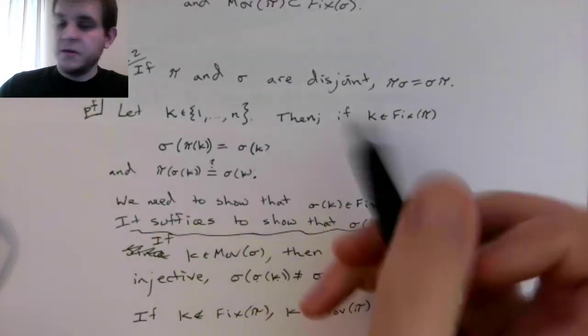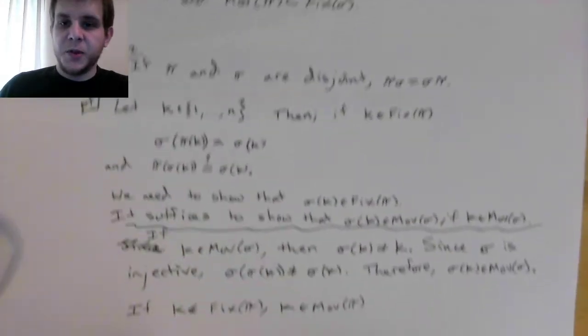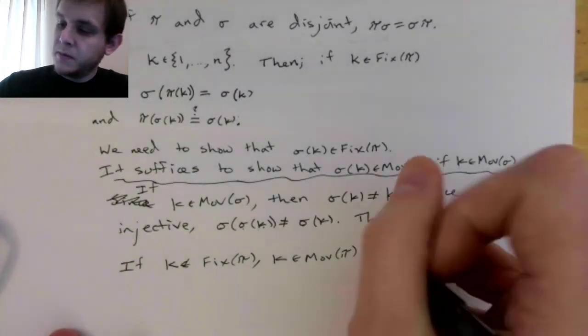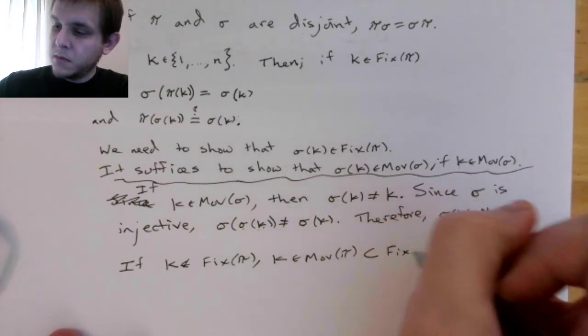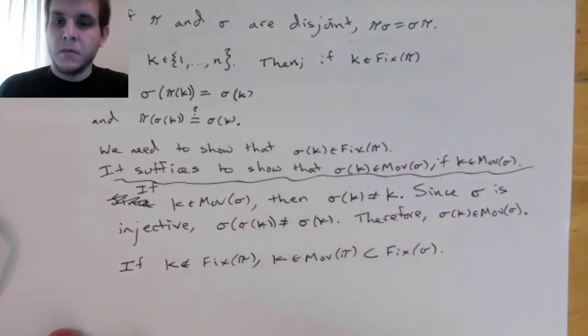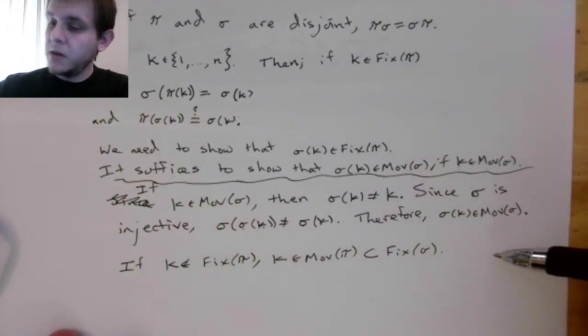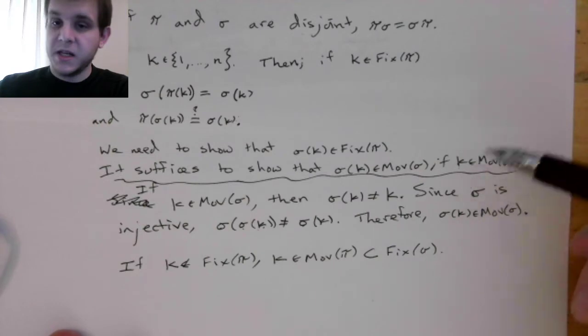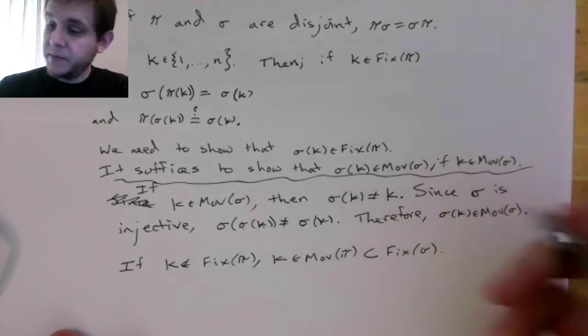And by assumption of disjointness, the moved set of pi is in the fixed point set of sigma. So now I can do the same procedure, just reversing the roles of sigma and pi.